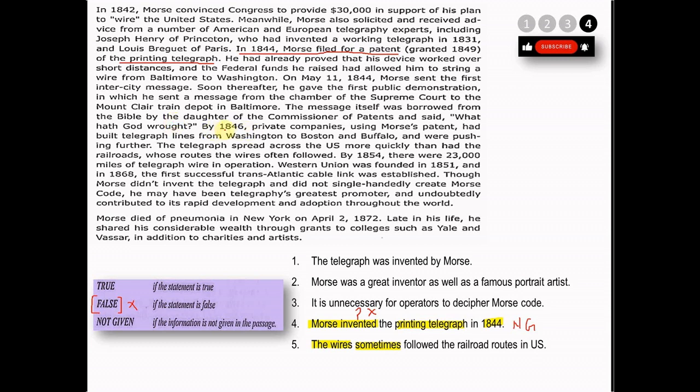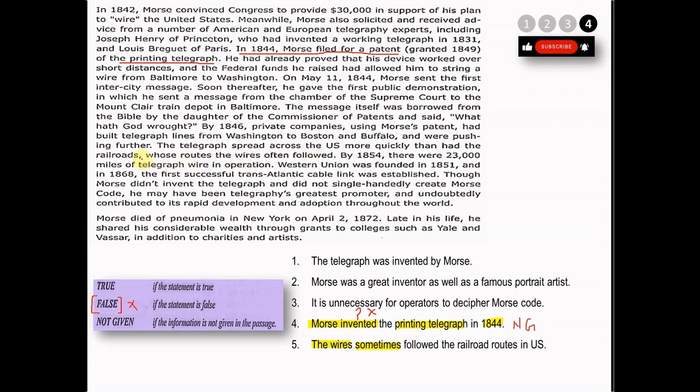By 1846, private companies using Morse's patent had built telegraph lines from Washington to Boston and Buffalo and were pushing further. The telegraph spread across the US more quickly than had the railroads, whose routes the wires often followed.